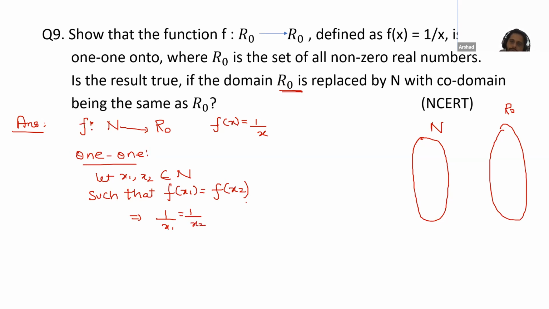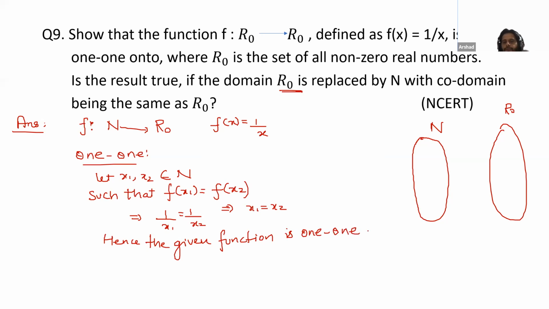This implies x1 is equal to x2, hence the given function is one-one. So that means there is no effect on this one if we change the domain. Now, everyone, please note this down.